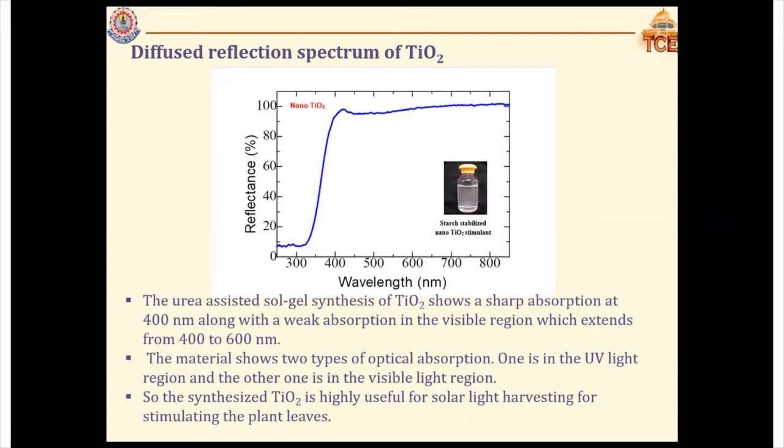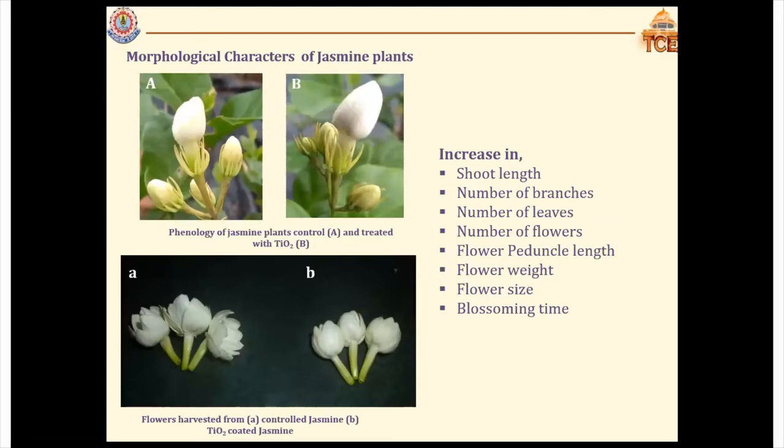So the material shows two types of optical absorption, one in the UV region and the other in the visible light region. So it's clear that the synthesized titanium dioxide is highly useful for harvesting solar light and it can stimulate the plant leaves.